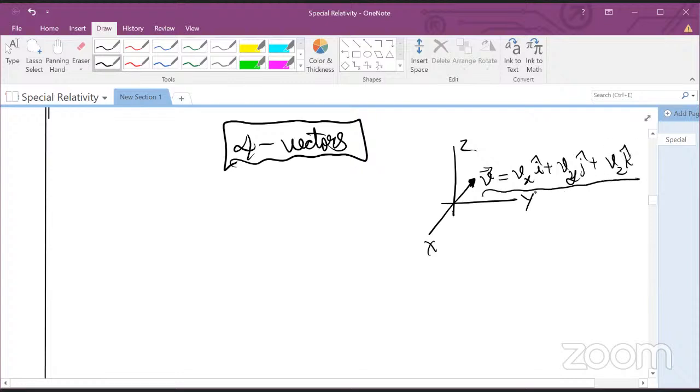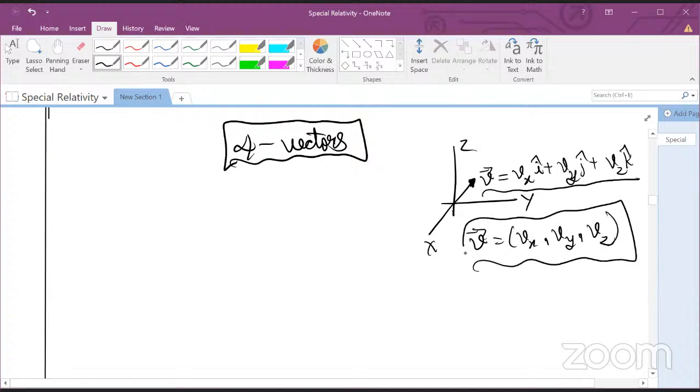In component notation, I can write the v vector as vx comma vy comma vz. In the x component, its velocity is vx. In the z component, its velocity is vz. This is the component form of writing a vector.